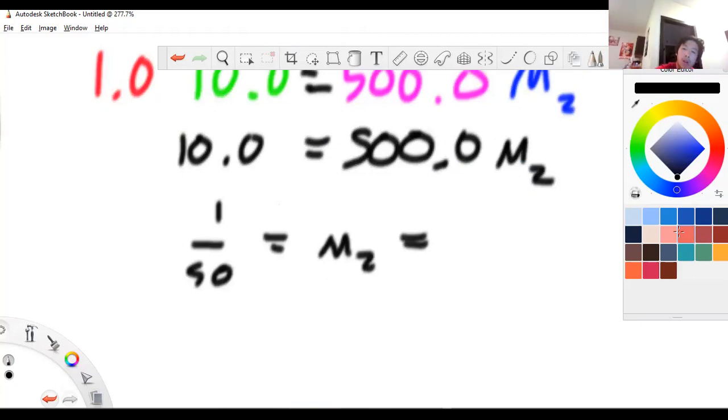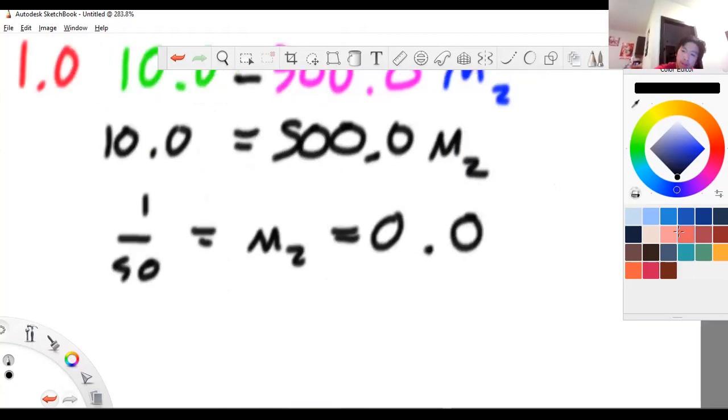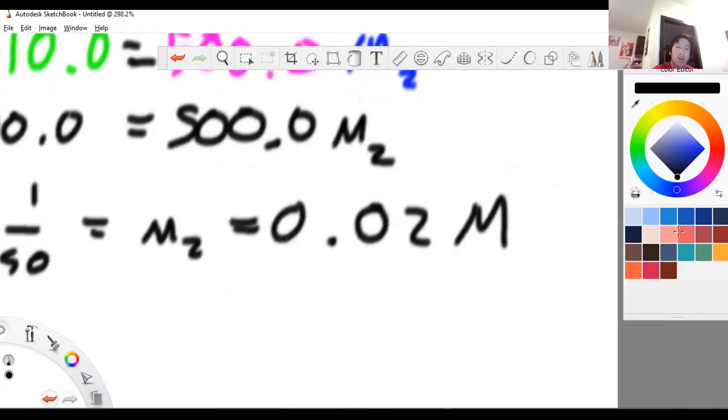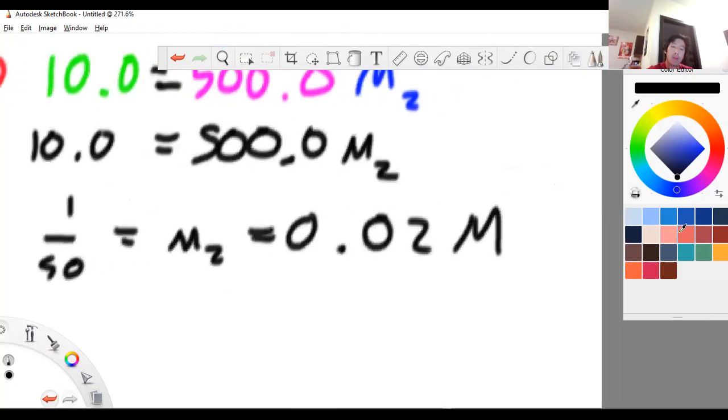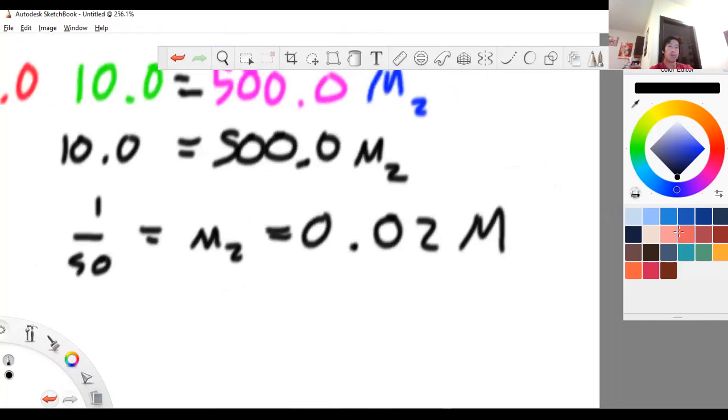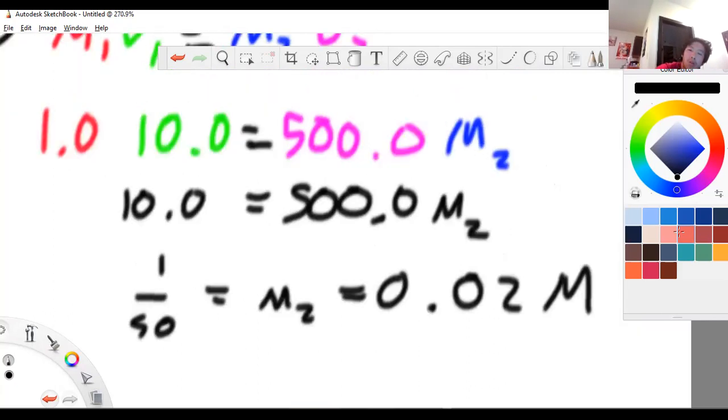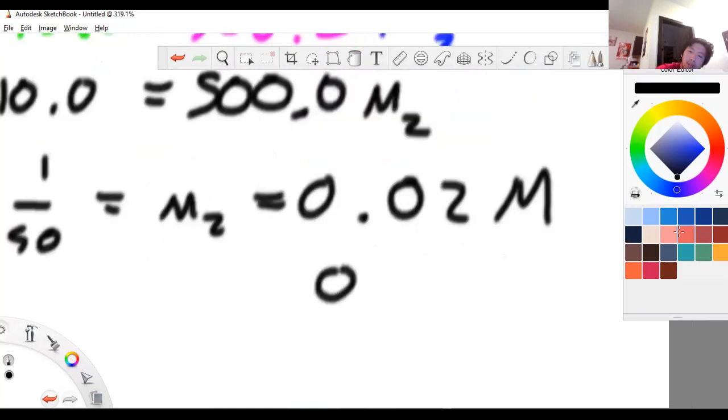So that will equal 0.02. But in this case, we have 4 sig figs, so 0.020.